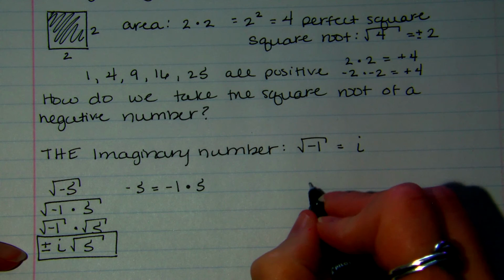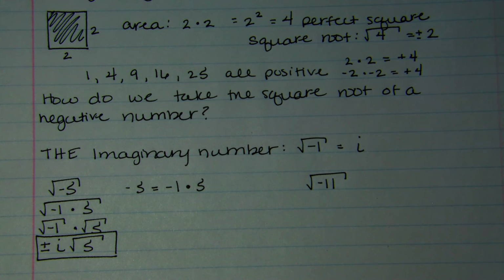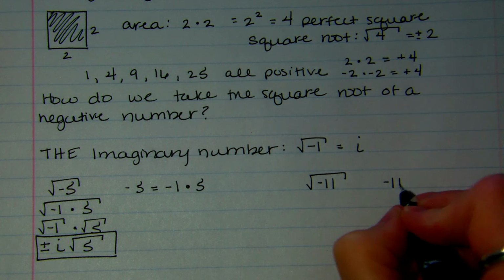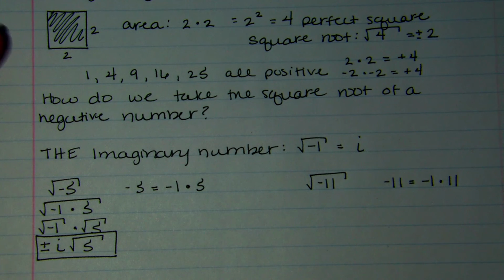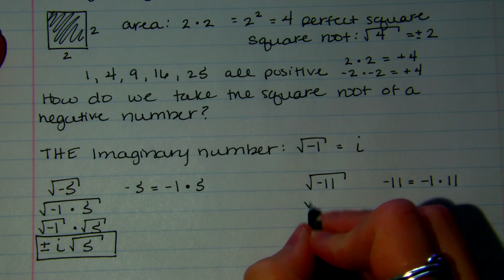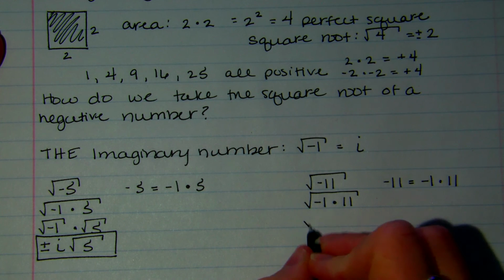If we look at the square root of negative 11, before we just had to say, I can't take the square root of a negative number, but now we can work with that. So we can say, I know negative 11 is equal to negative 1 times 11. So I can rewrite the square root of negative 11 as the square root of negative 1 times 11, and then I can break that apart.